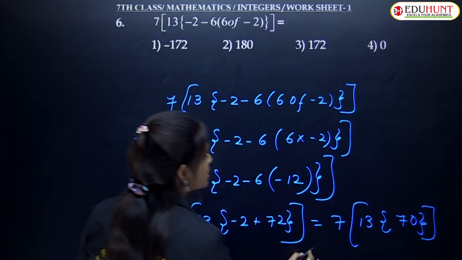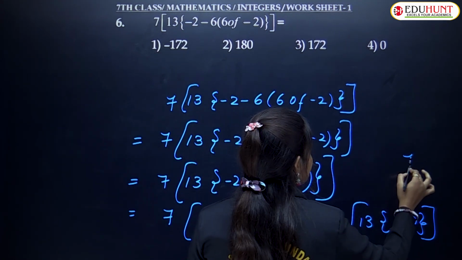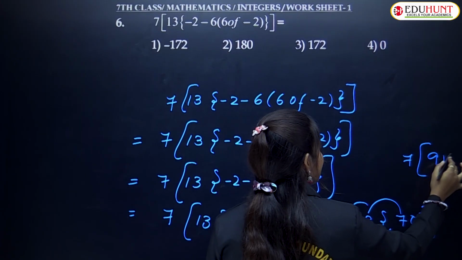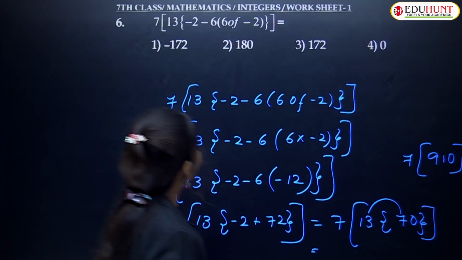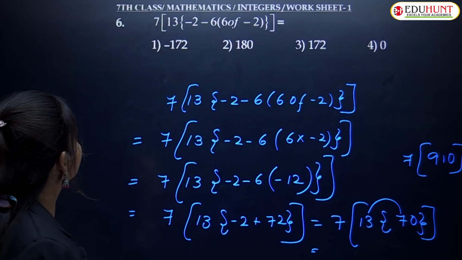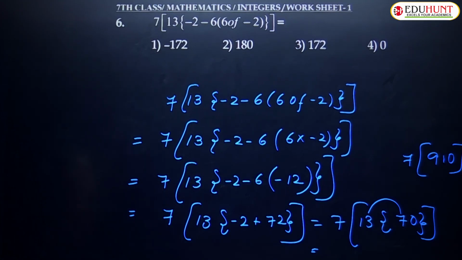And this equals 7 into, here 13 7s are 91, which means 910. Clear? And here 7 into 910. The options are wrong.